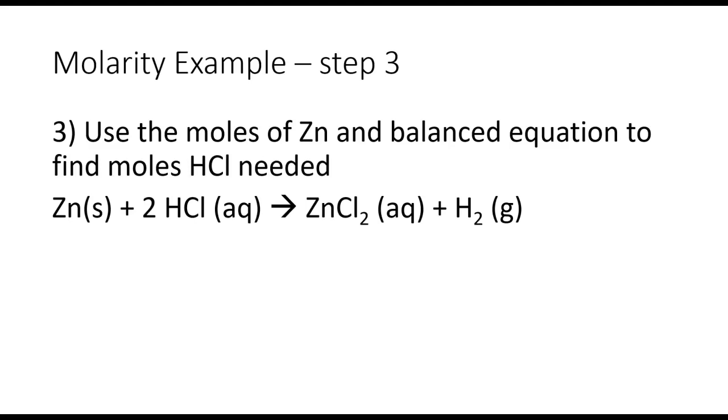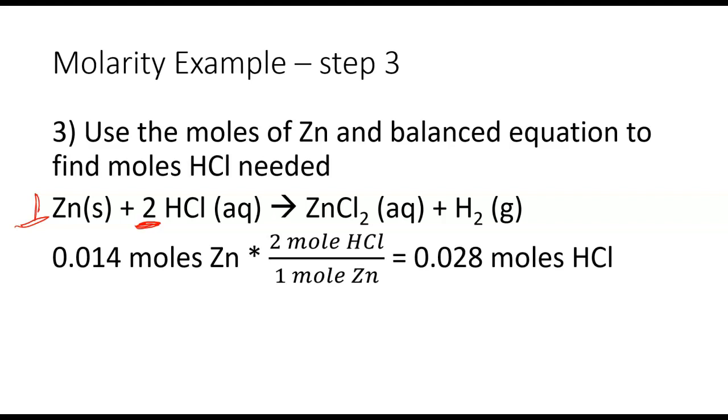From the balanced equation, we can see that we have 2 moles of HCl for every 1 mole of zinc. So 0.014 moles of zinc times 2 moles of HCl for every 1 mole of zinc. Moles of zinc are going to cancel over 1, so it's clear. So we need 0.028 moles of HCl.